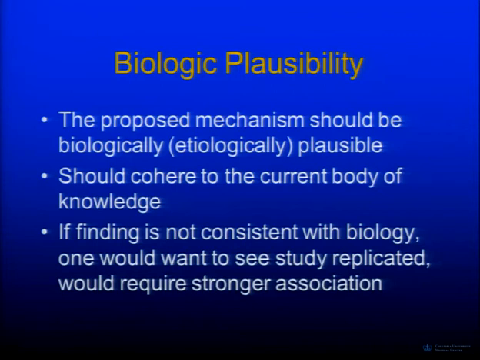And it should cohere with what we in general know about that disease and that nutrient. And if for some reason your finding isn't consistent with the biology, it doesn't mean it's wrong. We just would hope to see that the finding is replicated, and hopefully we'd have a stronger association, and then people might go back and look at the biology and say, is there something we missed here, a reason why this nutrient might relate to this disease?